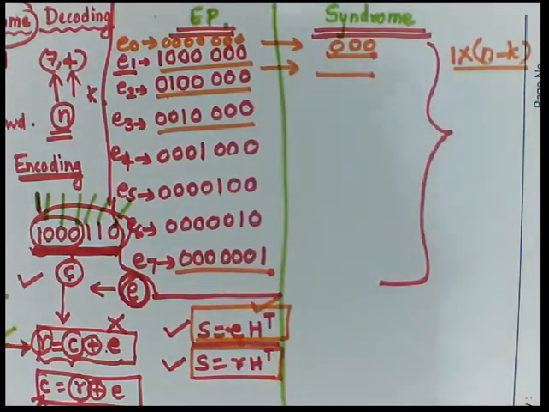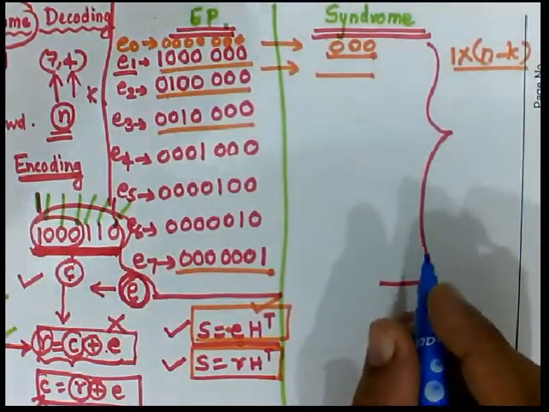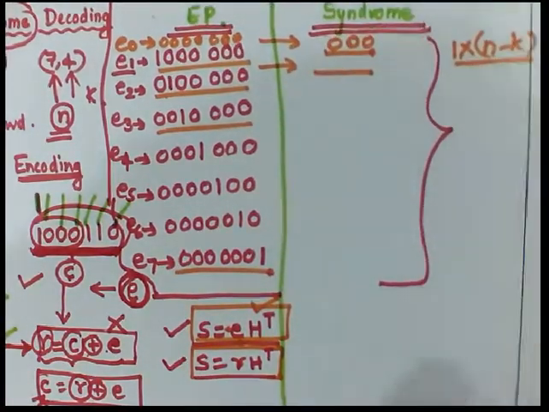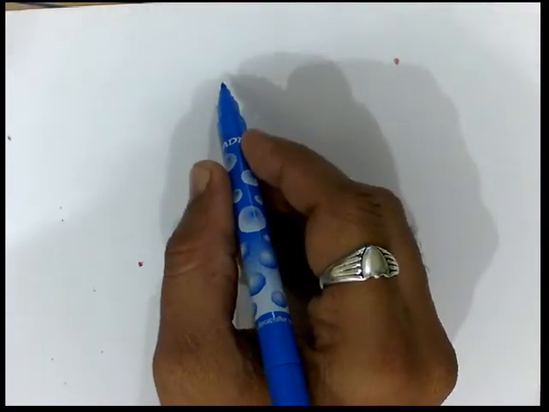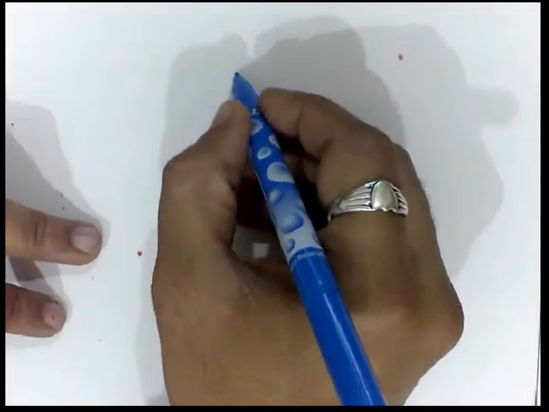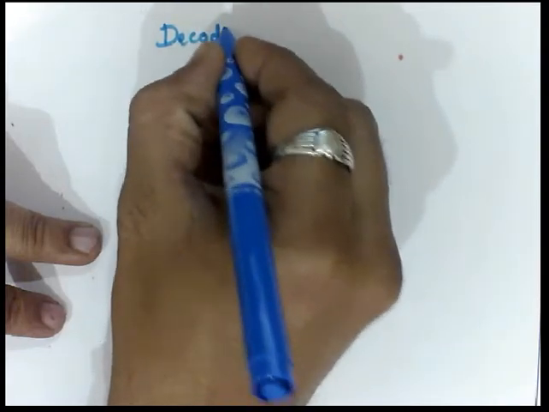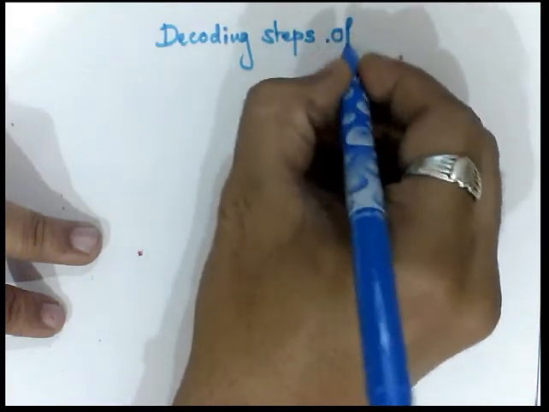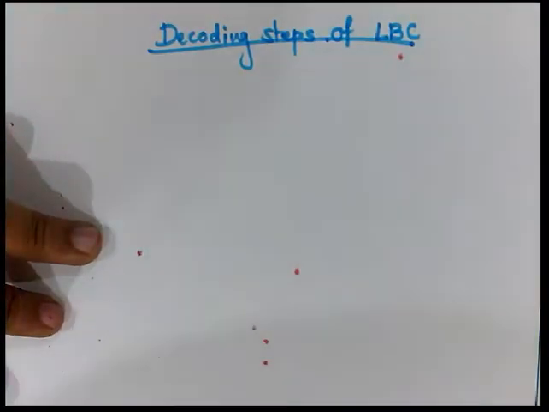The very first step: if someone gives you a particular received code word and asks you to find the error related to that received code word, then we write down the decoding steps of LBC.